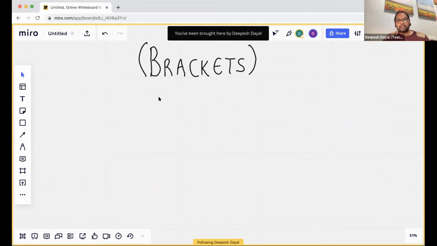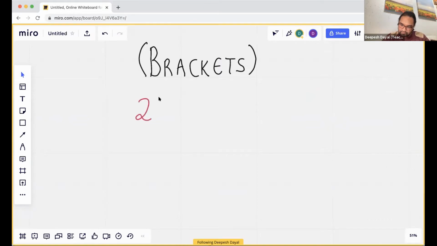So we've got brackets and we use the brackets in our multiplying out of algebraic expressions. Right, let's start with the basic one. Maybe you can give me some answers since a lot of you have done it in school. So you might be experts at this. So let's try this one. 2 brackets x plus 2.